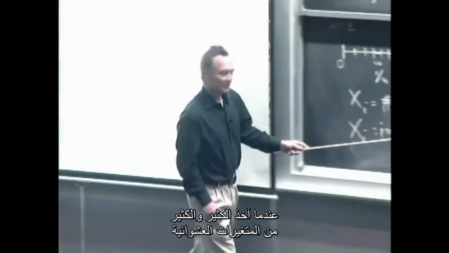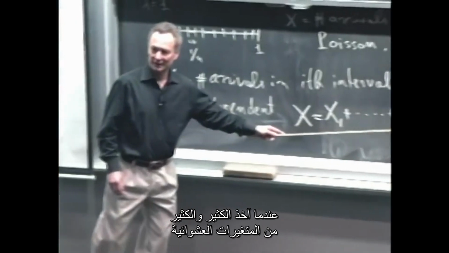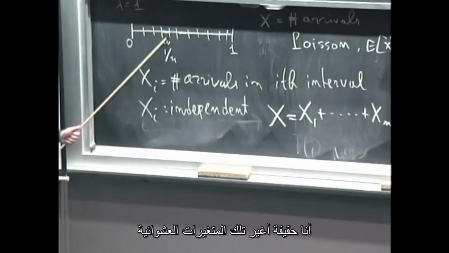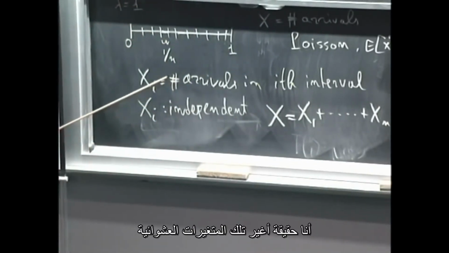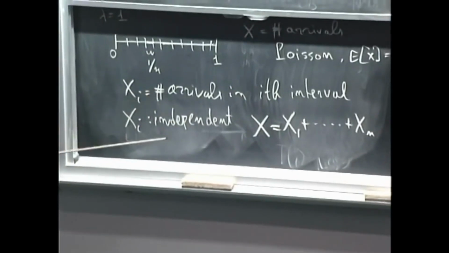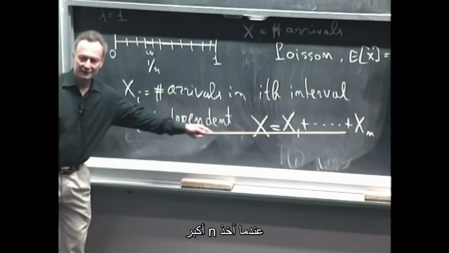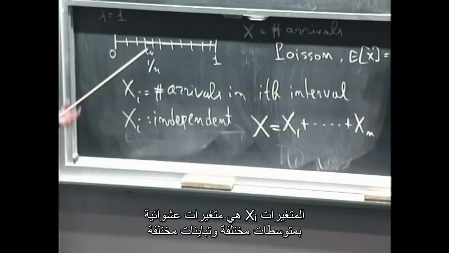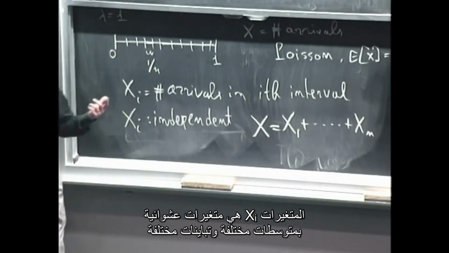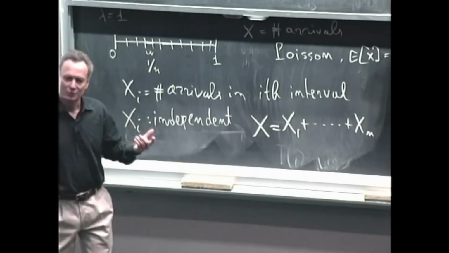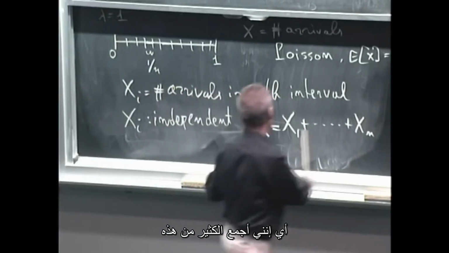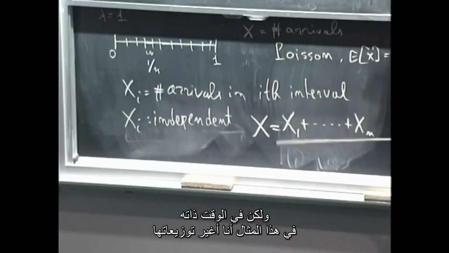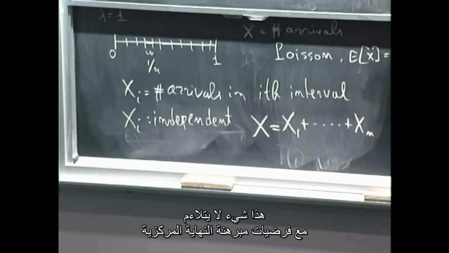Whereas here, I'm playing a trick on you. As I'm taking more and more random variables, I'm actually changing what those random variables are. When I take a larger n, the xi's are random variables with a different mean and a different variance. So I'm adding more of these, but at the same time, in this example, I'm changing their distributions. That's something that doesn't fit the setting of the central limit theorem.